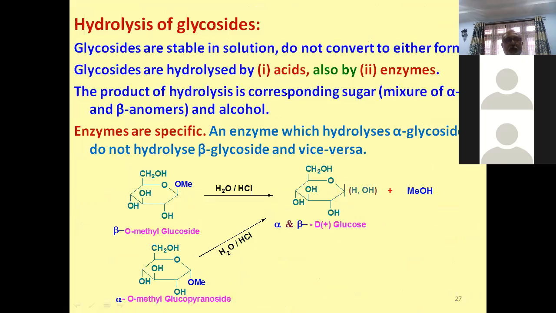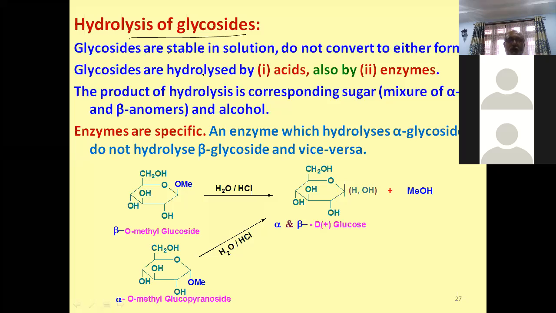Now, this point is also important: hydrolysis of glycosides. Once we hydrolyze glycosides, what happens? Let us see. It is just the opposite of the formation of a glycoside. Glycosides are stable in solution, do not convert into either form.